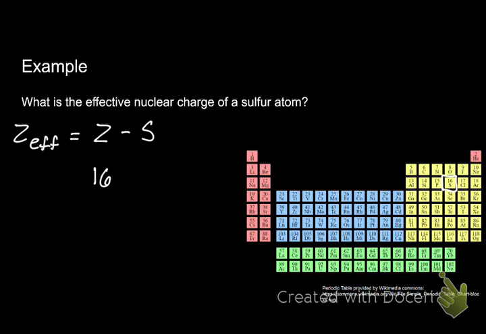And now for our number of inner electrons. Again, we have our total electrons minus our valence electrons, and that will equal our number of inner electrons. So, with this being a neutral atom, we are going to have 16 total electrons.